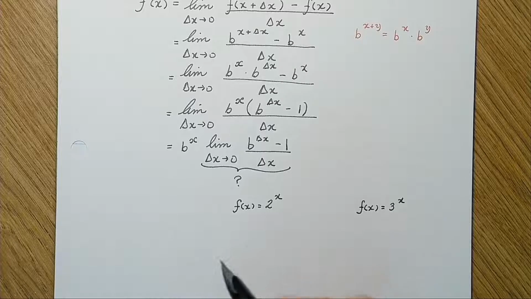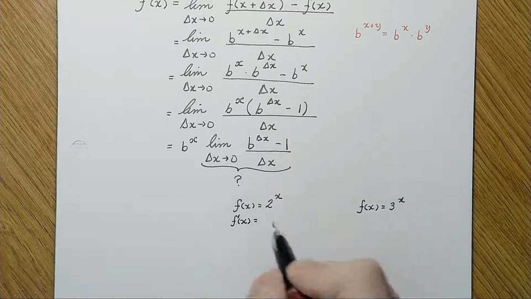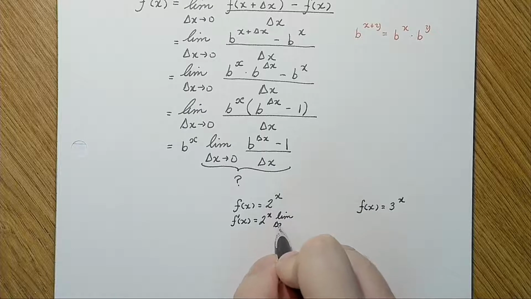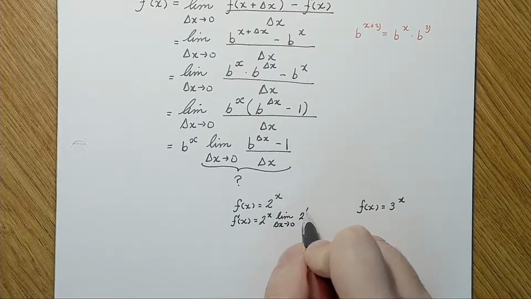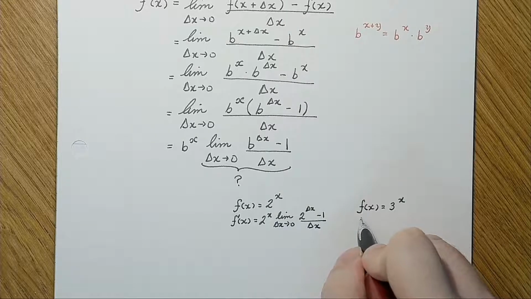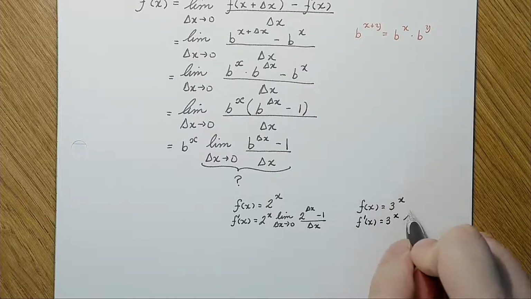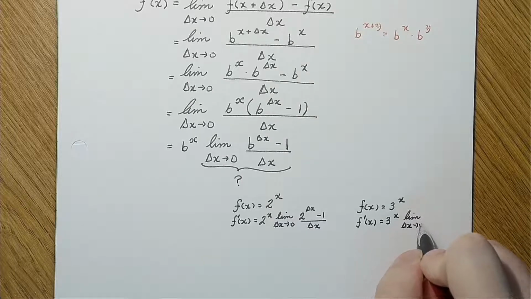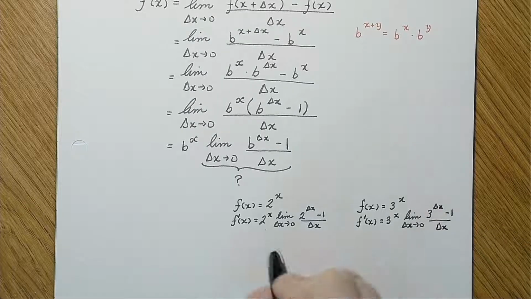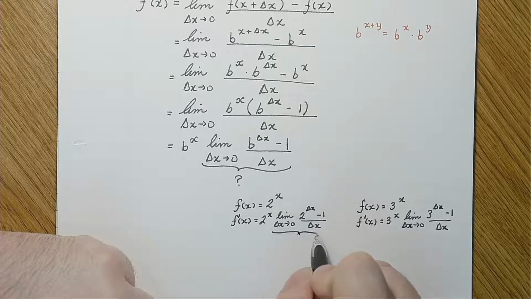And so what that means is I'll have this derivative that's equal to 2 to the x, the limit as delta x goes to 0 of 2 to the delta x minus 1 over delta x. And same thing over here: 3 to the x, and the limit as delta x goes to 0 of 3 to the delta x minus 1 over delta x. So this is the issue that we have right here. We're looking at those values right here.